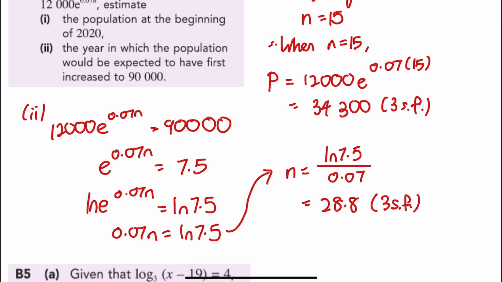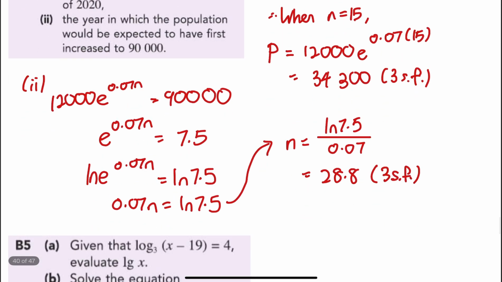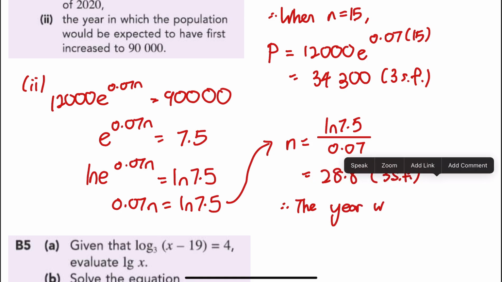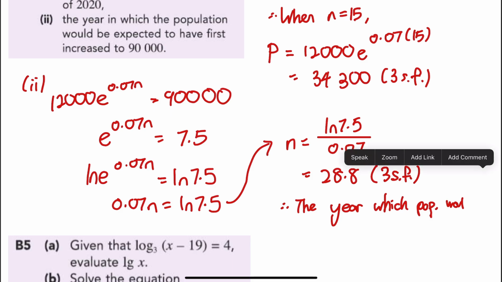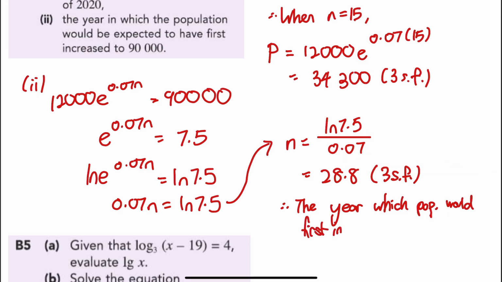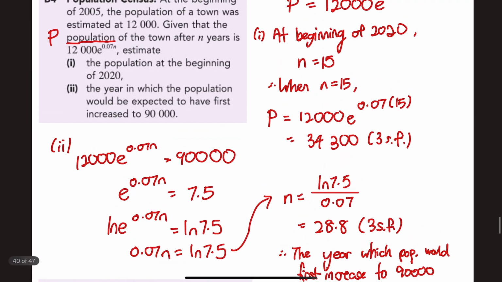So therefore, the year in which the population would first increase to 90,000: we count 28 years from 2005.